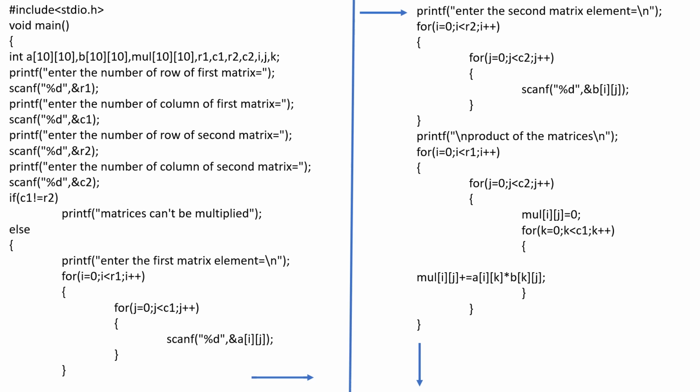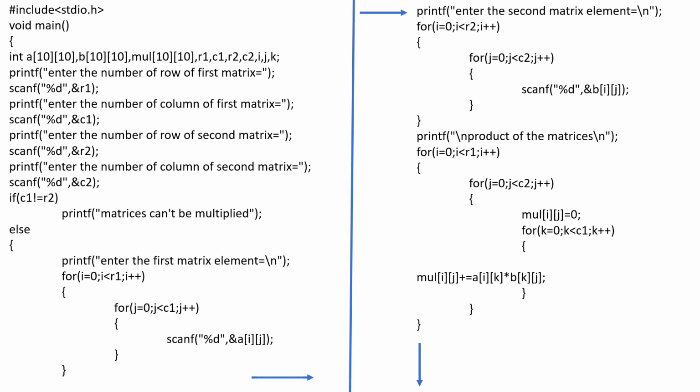First of all, reading elements for the first matrix. For that, using i and j loops, i for varying rows and j for varying columns.